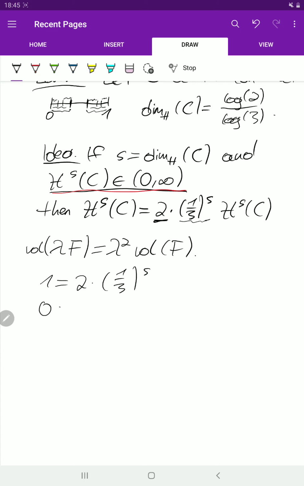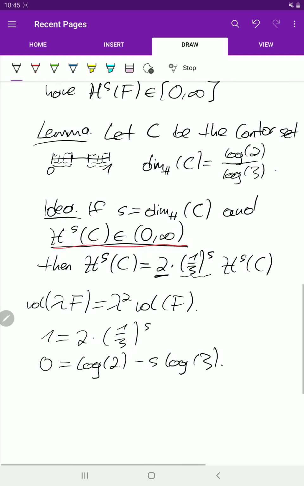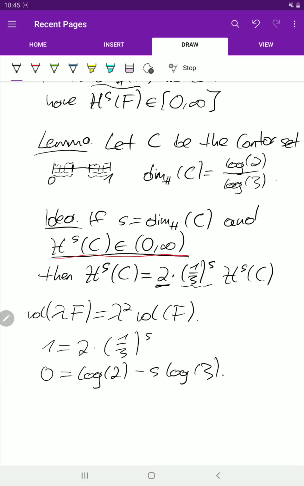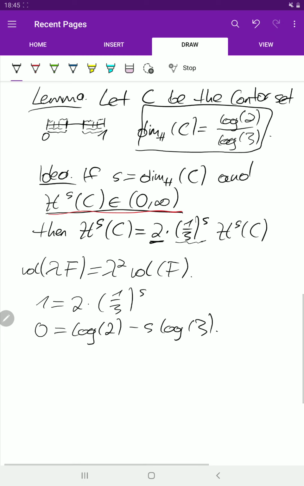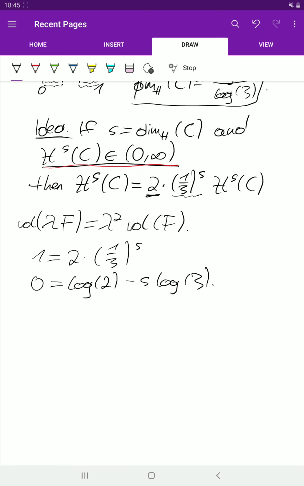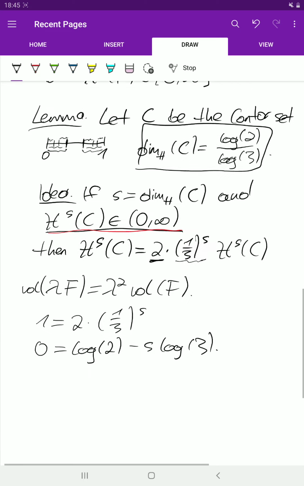We take logarithms, so we get log 2 plus, or let's make it immediately, minus s log 3, and that gives us this dimension here. Okay, so that's the Hausdorff dimension of the Cantor set.